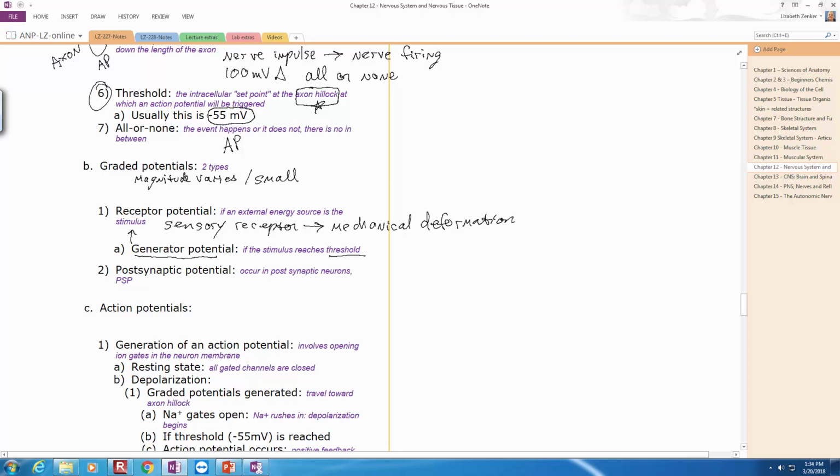The term postsynaptic potential, we're going to cover this in more detail in a moment, but you're going to see it abbreviated as a PSP, postsynaptic potential. And it's called that because post means after, so it occurs in the postsynaptic neuron. So when I drew that picture of one neuron and then afterwards was the next one, the first one would be a presynaptic neuron potentially.